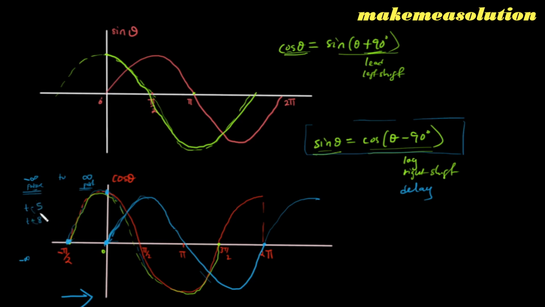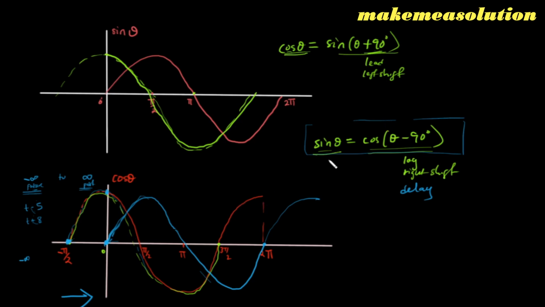So the negative side of the x-axis is usually considered as the future when we are talking about time, while the right side is considered as the past, something that has happened. The left side is something that will happen.